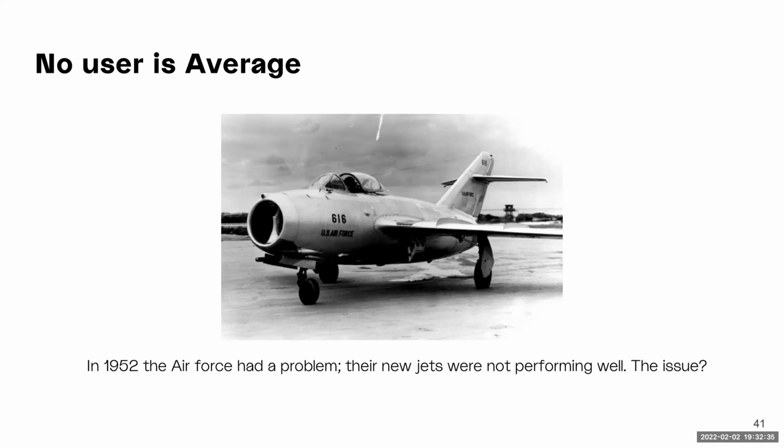So what was the issue, in your mind? Is it a complex dashboard? What do you think? Can we have this poll now? I think we should have it. Yeah, airplane design, here we go.